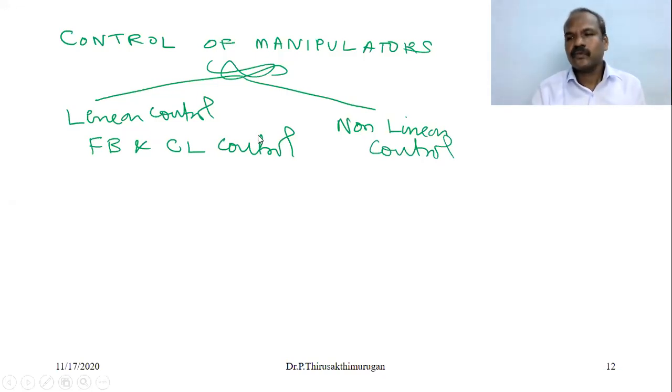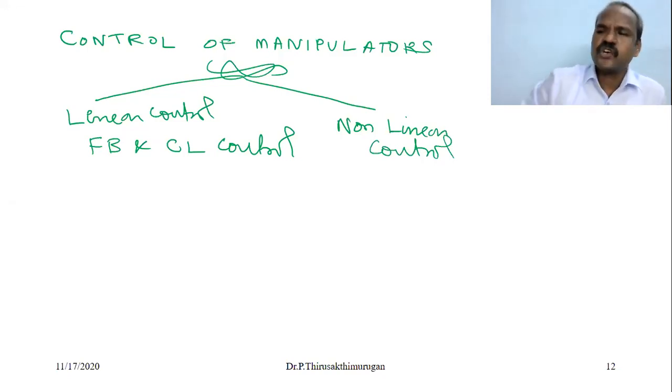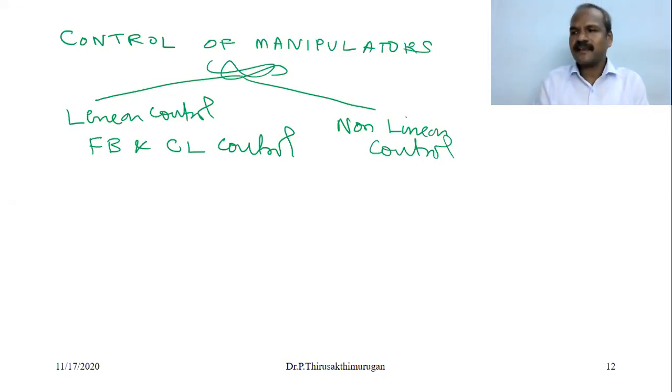Closed loop control. Before controlling any manipulator, we should model the manipulator properly. If we model a manipulator as a mechanism instrumented with many sensors, at each joint to measure the joint angle, and an actuator at each joint to apply a torque, understand or not?